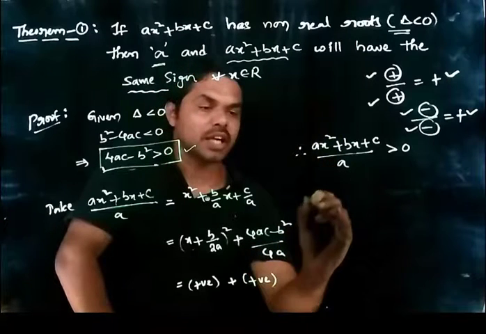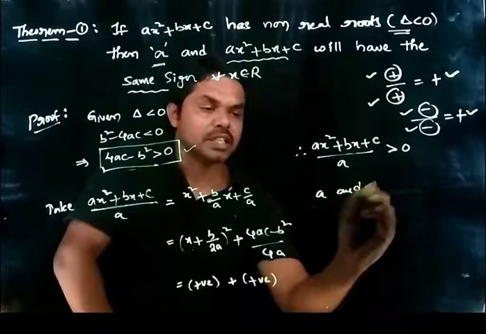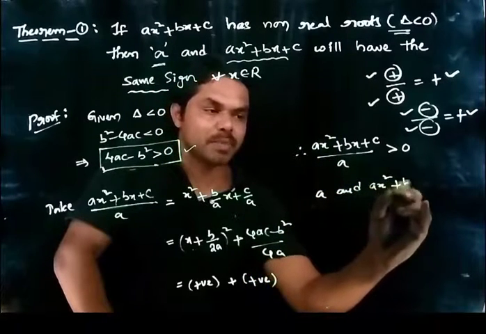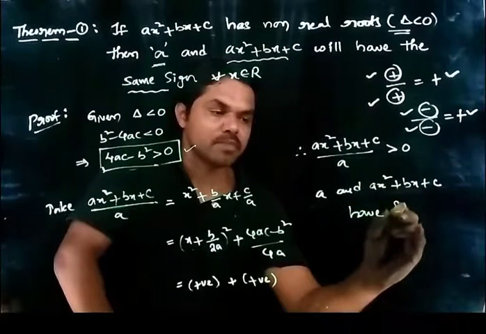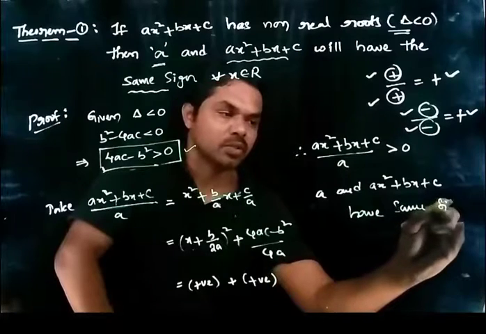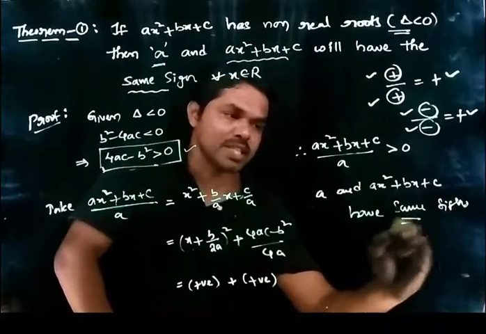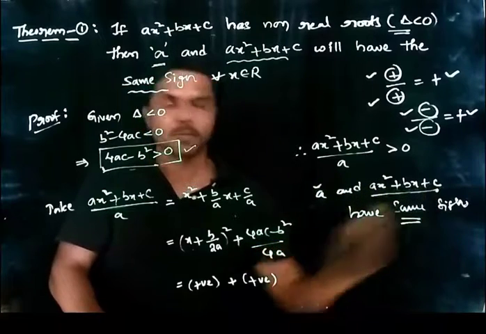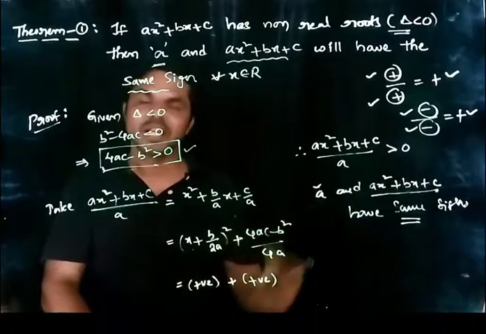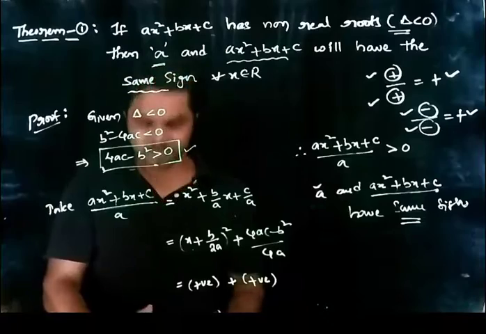So we can conclude that a and ax square plus bx plus c have the same sign. What does same mean? If a is positive, the expression is also positive. If a is negative, the expression is also negative.